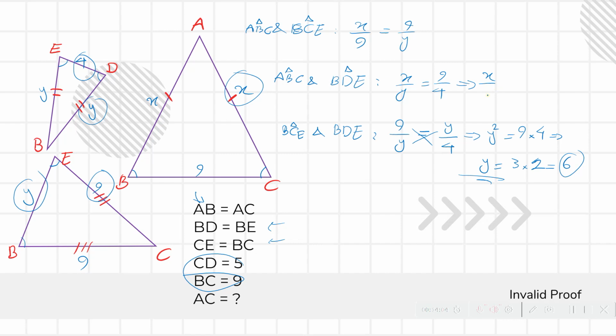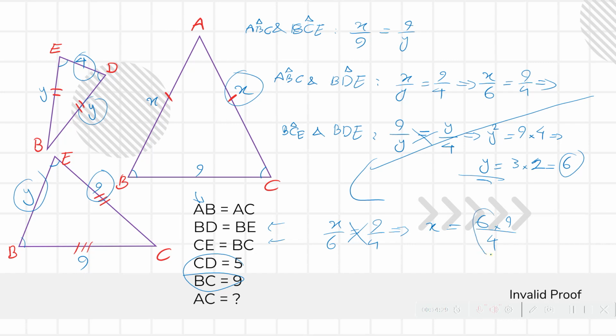So we have x on 6 equals 9 on 4. Let's go here, x to 6, 9 to 4. We can do this again, and well, x equals 6 times 9 on 4. Okay, here's how I calculate this without any sort of calculator.